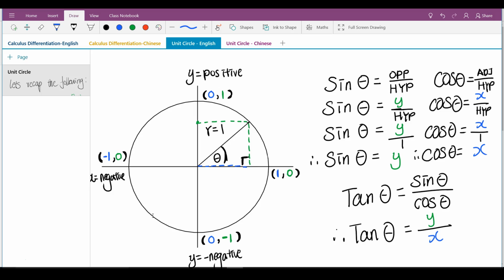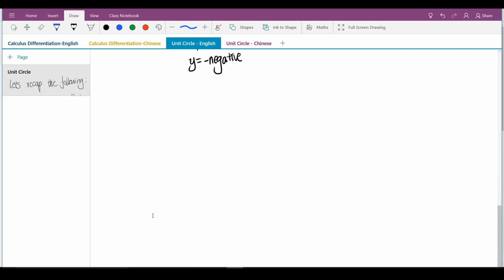So let's go down here. Let's make two columns: one for the angle theta in degrees, and the other in radians.